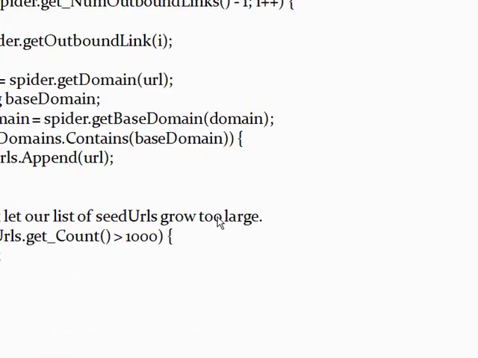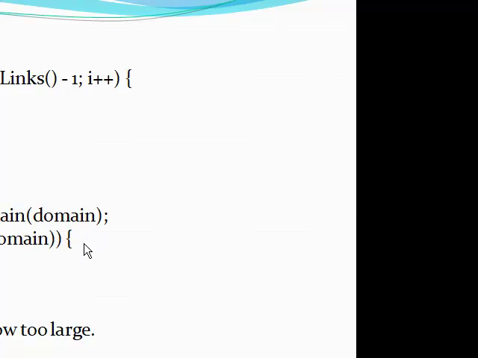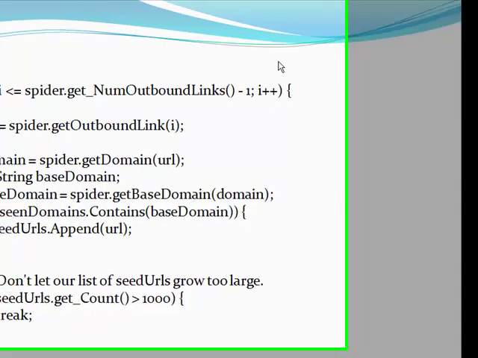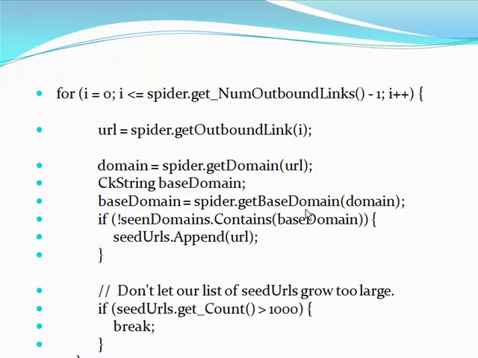There is a for loop. Initially i is equal to 0. The check condition is i is less than spider.NumOutboundLinks, the number of outbound links, and the increment is i is added by 1.